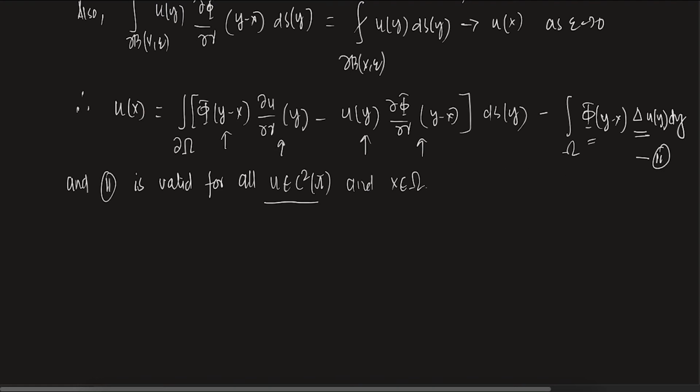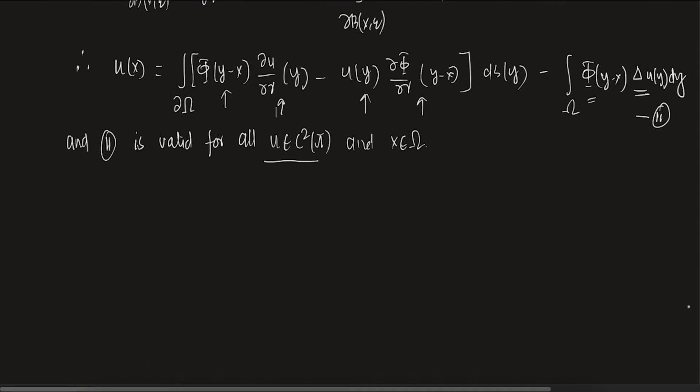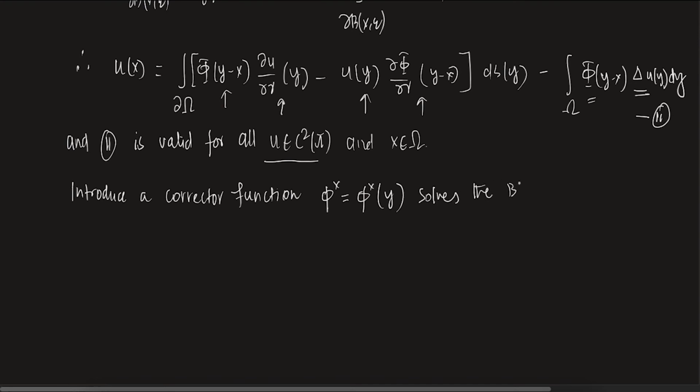So this is where we are trying to construct a Green's function. To do that, we are going to introduce a corrector function, which is given by phi x of y, and it solves the boundary value problem.